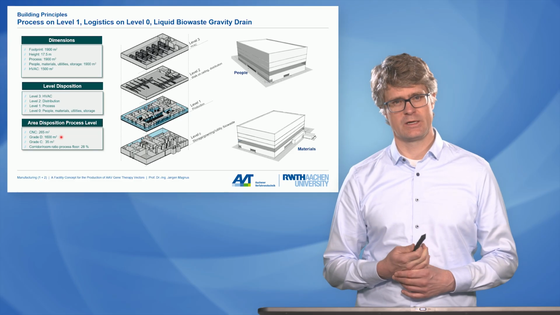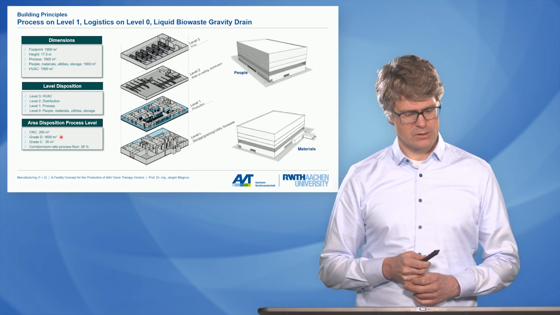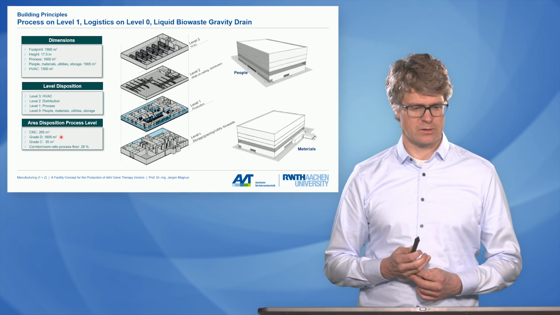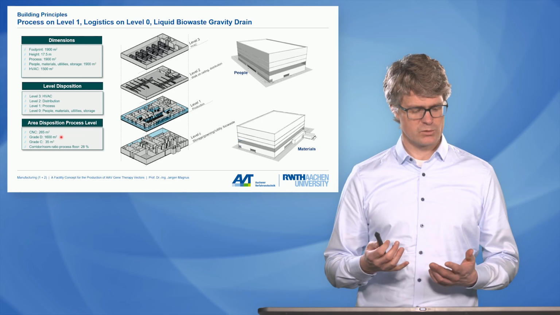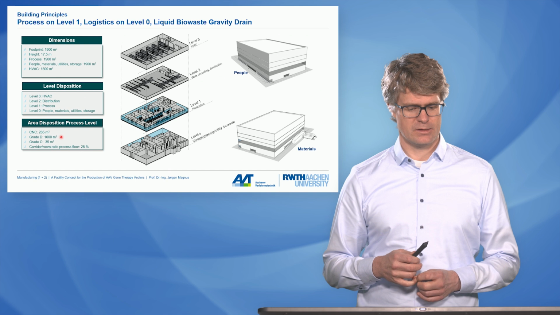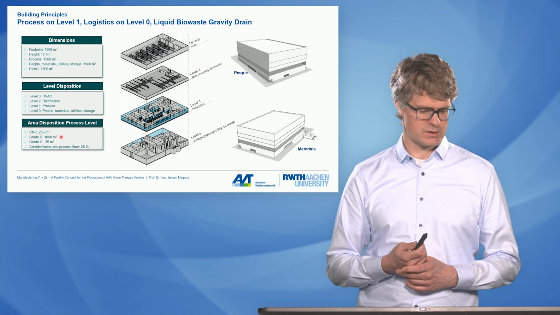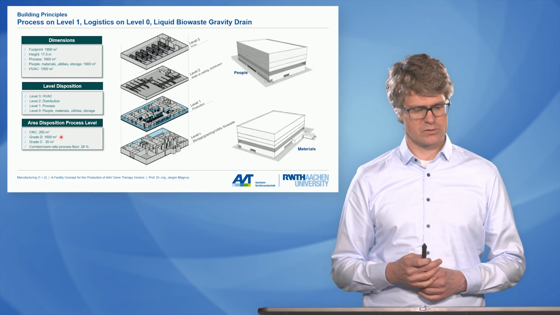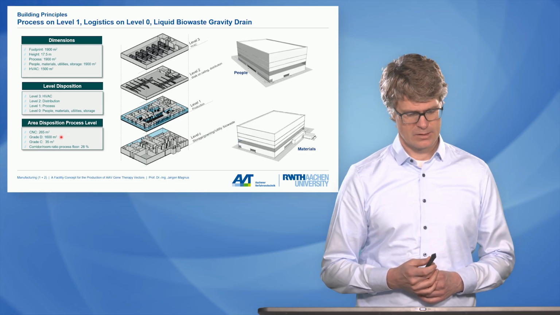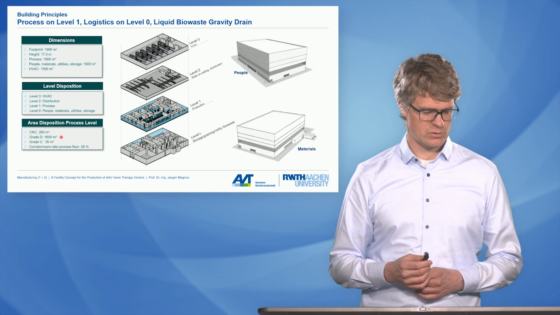They're often designed with the class C. But in our study, and because we are using the principle of closed processing, it's okay to design it as grade D, and the product remains protected because of the closed processing. And also the single use contributes to that as well. So that's why it's possible to downgrade from class C to class D.